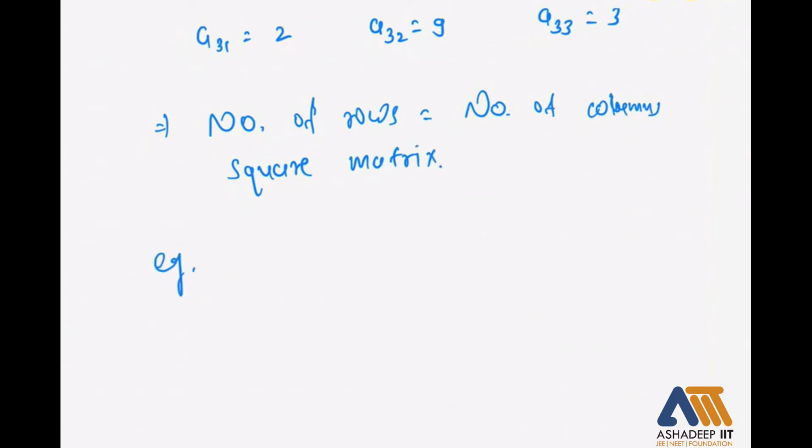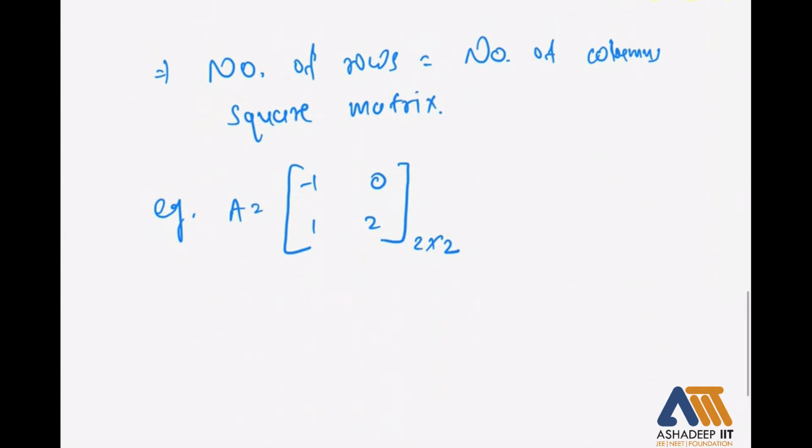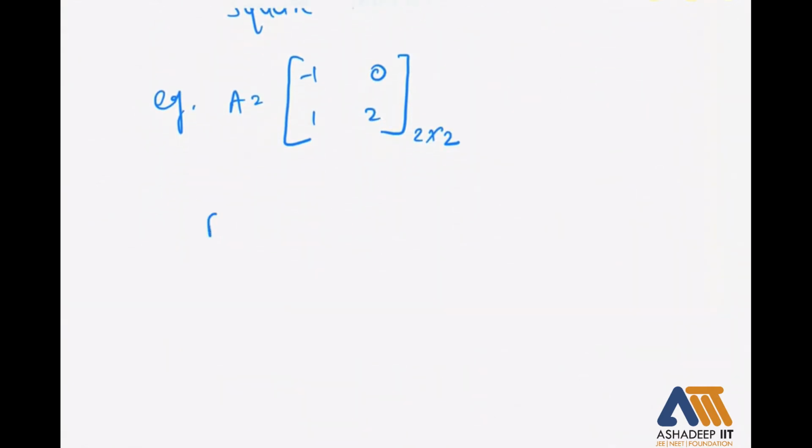For an example, if we write a matrix of the order 2 cross 2, 2 rows and 2 columns, -1 0 1 2, this is a matrix of the order 2 cross 2. Another example, a 3 cross 3 matrix, 5 7 3 2 1 0 0 -1 2.